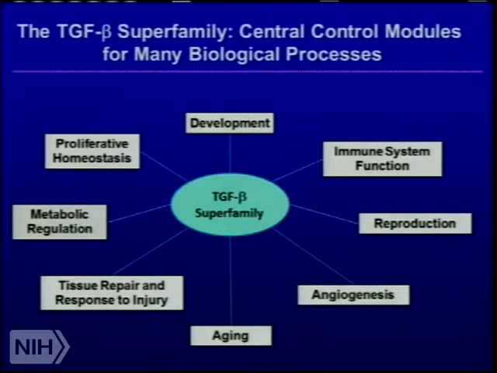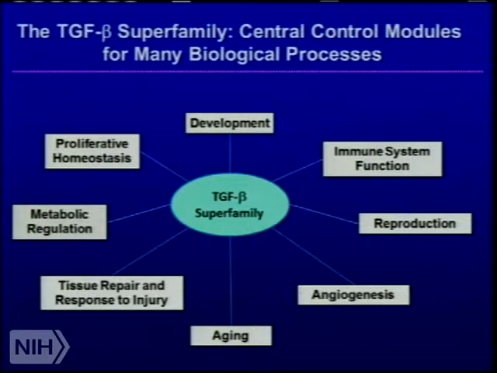The members of the TGF-beta family act as central control modules for many important biological processes. These include development, immune system function, reproduction, angiogenesis, aging, tissue repair in response to injury, metabolic regulation, and proliferative homeostasis.